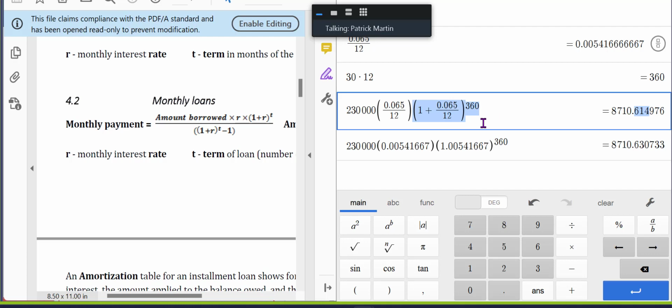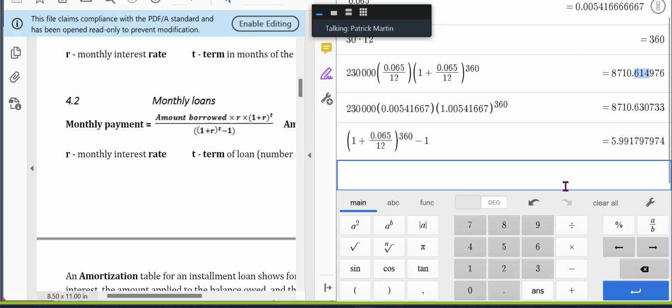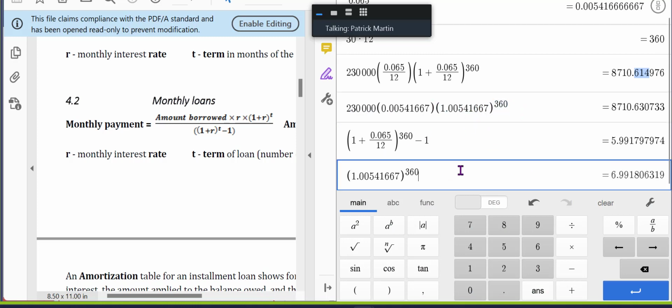So 1 plus R to the power of T should look like that, and then we just subtract 1. So that's what the bottom should be exactly, okay? And then, like I said, the other way to do the bottom is you could do 1 plus R to the power of T like that, and then subtract 1. And again, it'll be a little bit off, but it'll probably work out in the end, right?